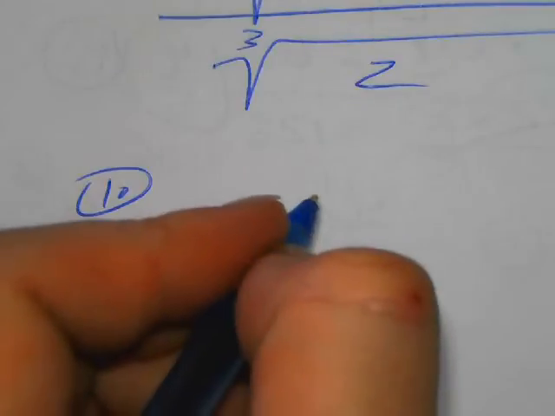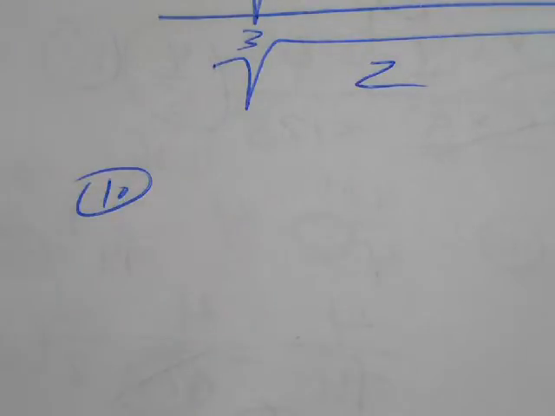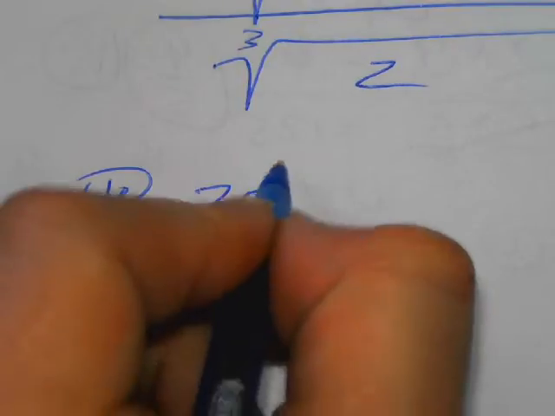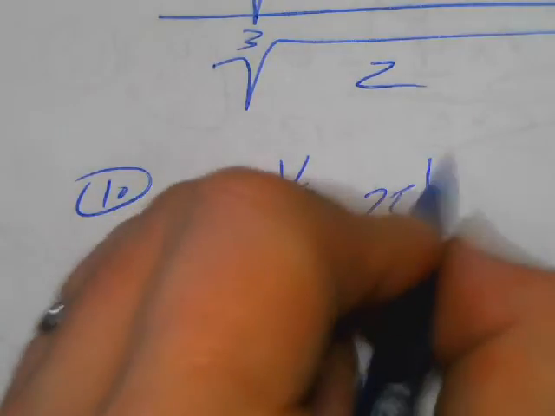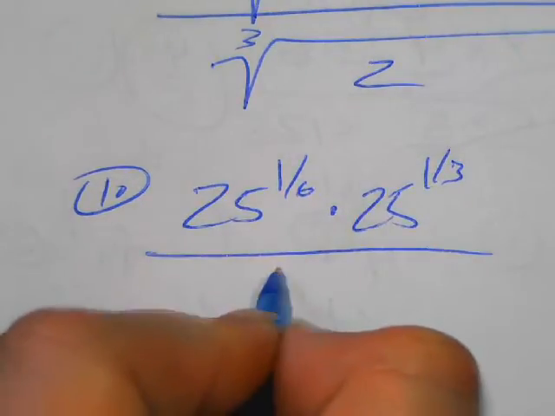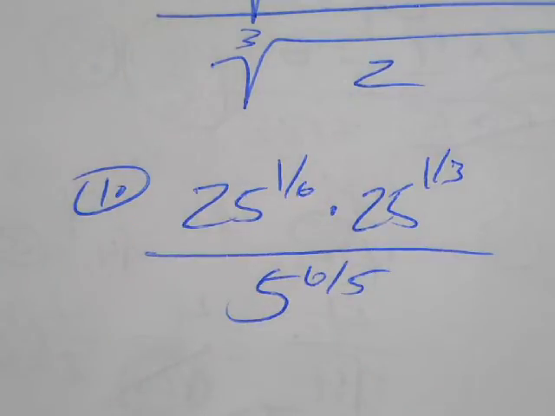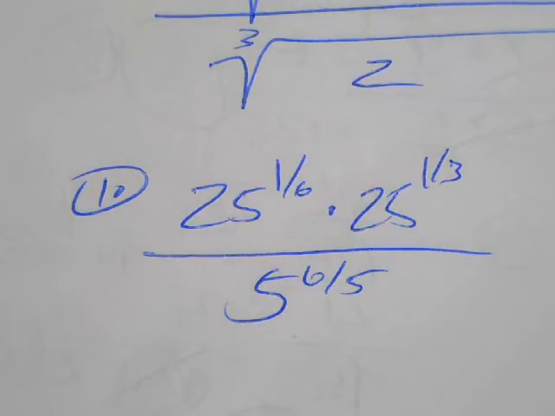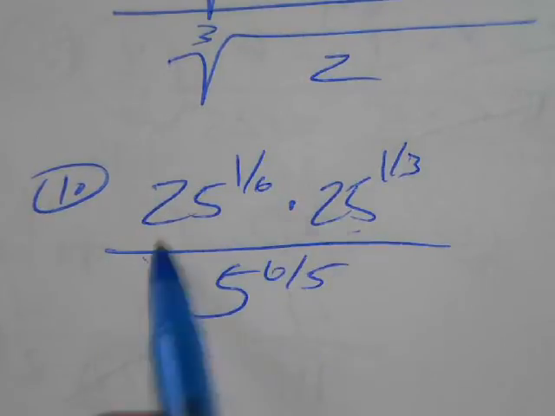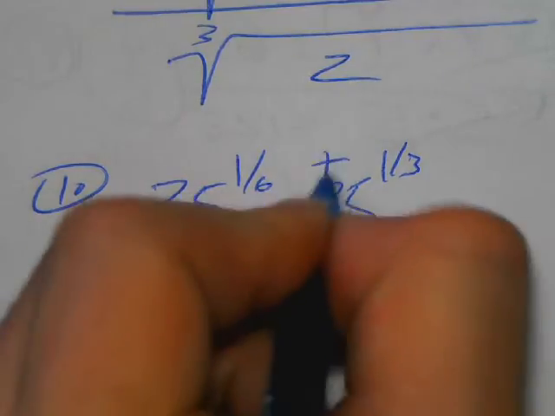Number 10 gives you a fraction again. And we're going to do numerator first and then denominator, just like we did this time. It's 25 to the 1/6 power times 25 to the 1/3 power divided by 5 to the 6/5 power. Okay. So if I have like bases, they let me add my exponents.